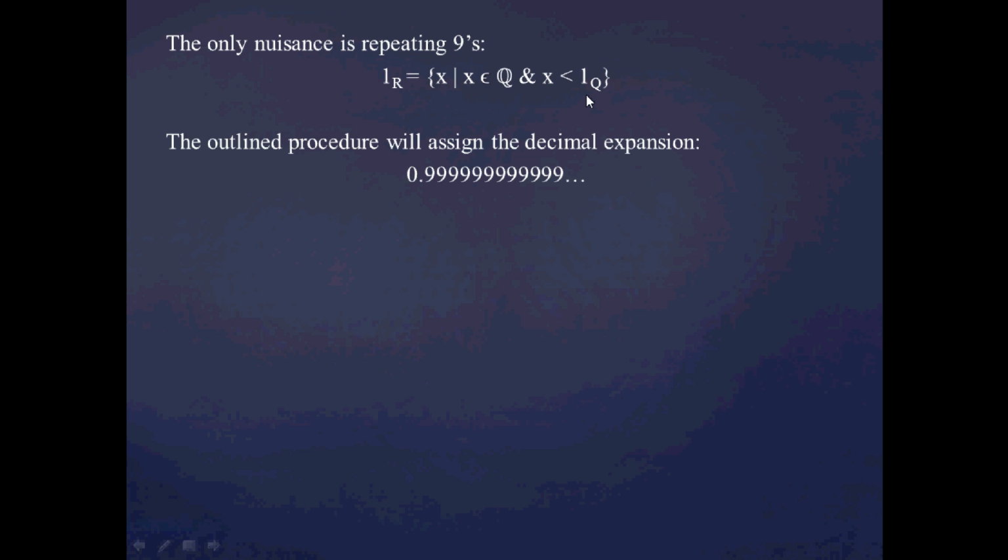So if you go through this procedure, go through all the symbols, you'll find that you're not going to get a 1 in that first place. Instead, you're going to get a 0, and then you're going to get 9s all the way after. So this is going to be what the procedure that I just outlined will output.